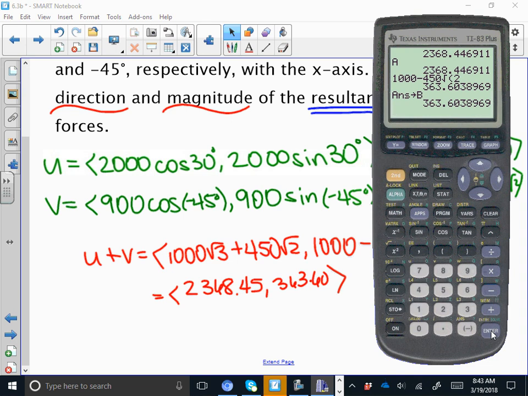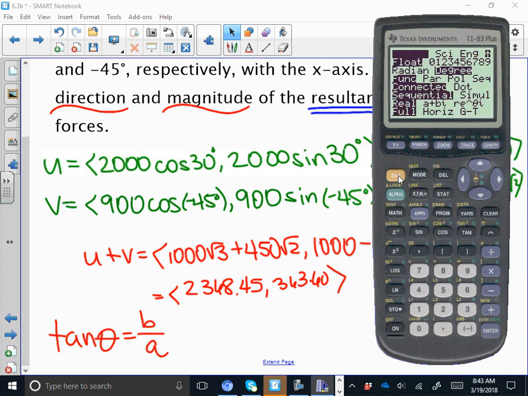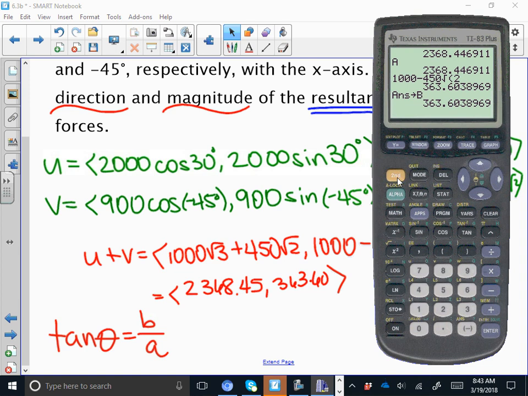So now when I go to find the angle, I know the tangent of theta is B over A. So I can just say, inverse tangent of alpha B divided by alpha A is, boom, 8.723 degrees.